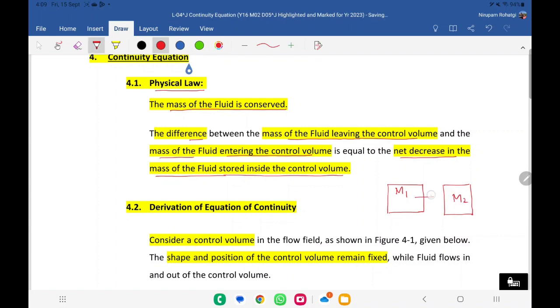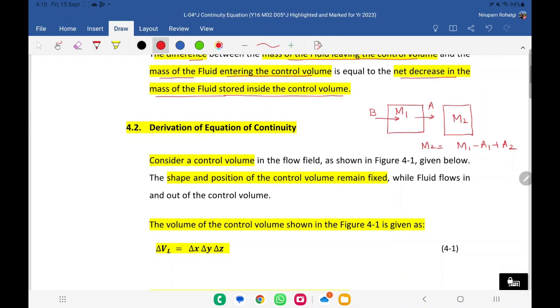From here a1 has gone out and a2 has come in, which means that m2 will be equal to m1 minus a1 plus a2. This is what it means. So we have to derive this equation.